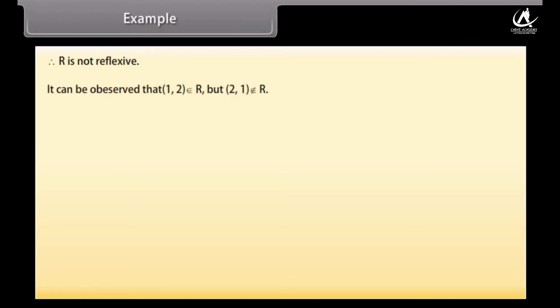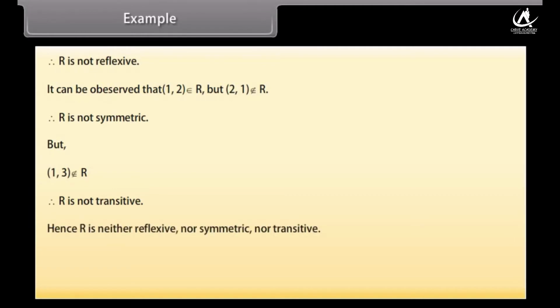It can be observed that (1, 2) belongs to R, but (2, 1) does not belong to R. Therefore, R is not symmetric. But (1, 2) and (2, 3) belong to R while (1, 3) does not belong to R. Therefore, R is not transitive. Hence, R is neither reflexive, nor symmetric, nor transitive.